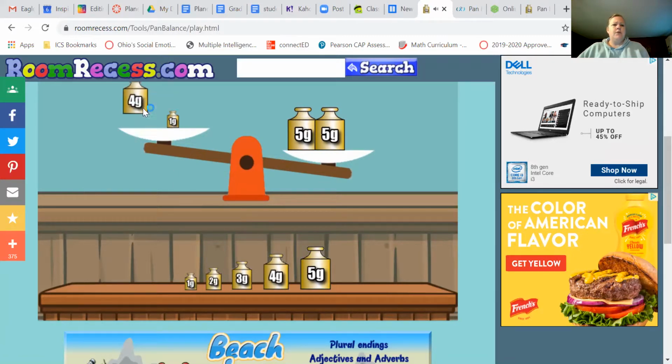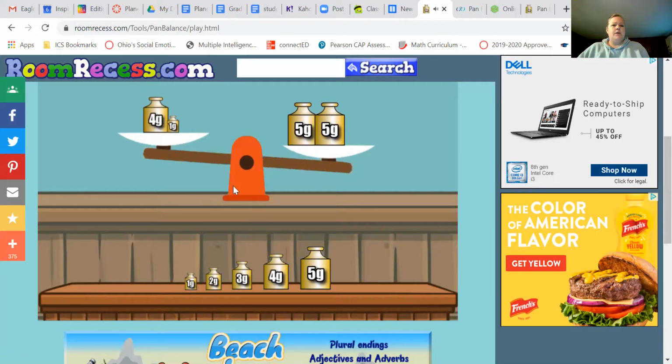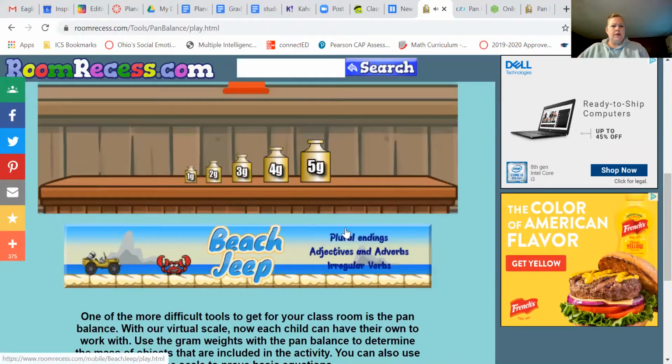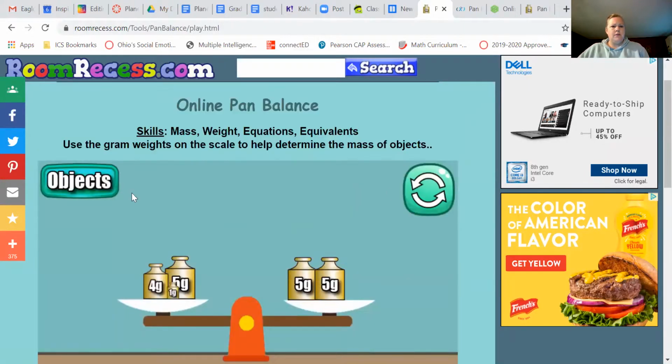And I'm going to put, so we're getting closer. So if it is flat or horizontal to the table, that means it's equal. That's what you're trying to find. So what do I need to add over here to make it equal? Yep. And you can see that it turned. All right, so let's try another one.